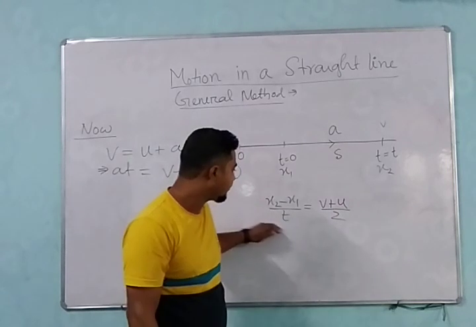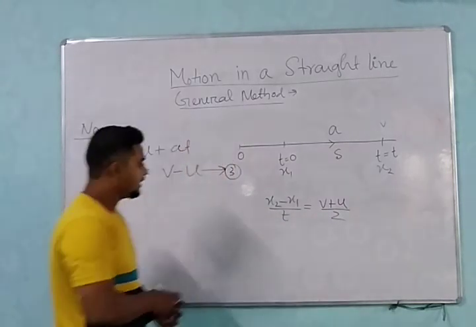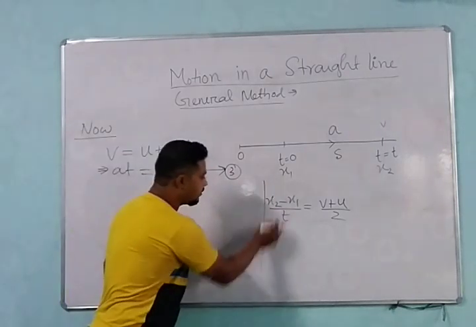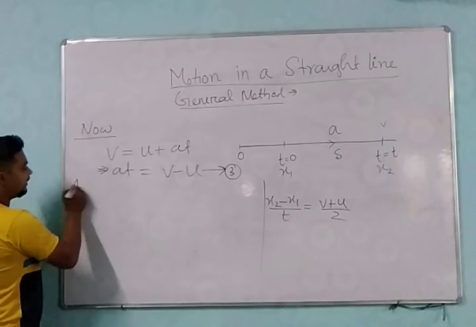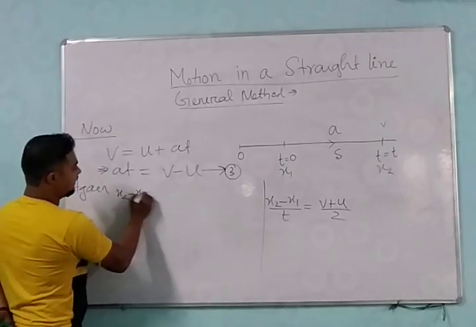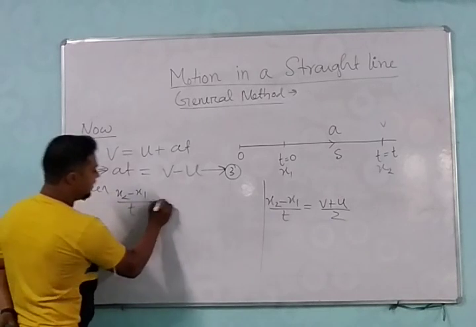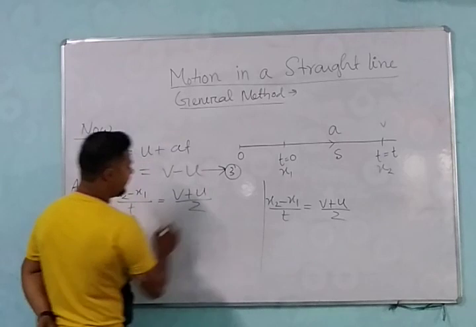Okay, so from this equation I will work this out. Again we have x2 minus x1 by t is equal to v plus u divided by 2.